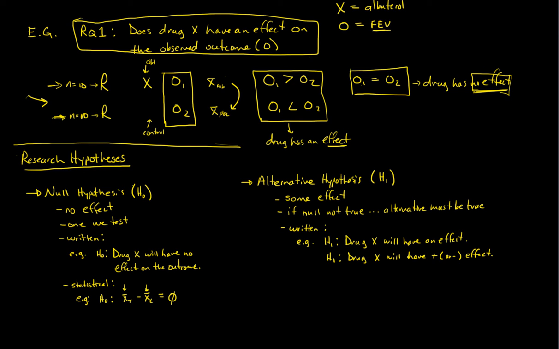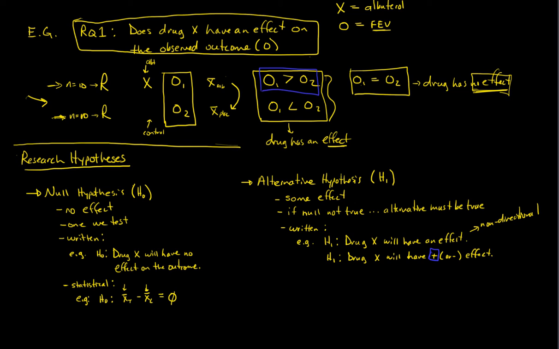Okay, so in this top one, drug X will have an effect. Really what we're saying is this is non-directional. In other words, it could be either one of these two up here, right? It can be greater than or less than. The second one is taking an either or. It's saying O1 is going to be greater than O2, i.e. it's going to be positive.